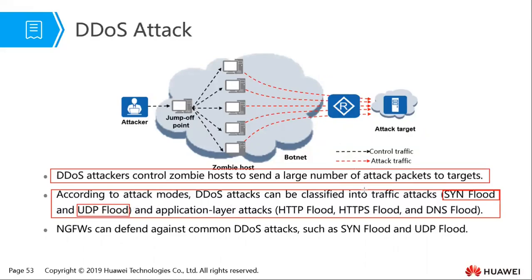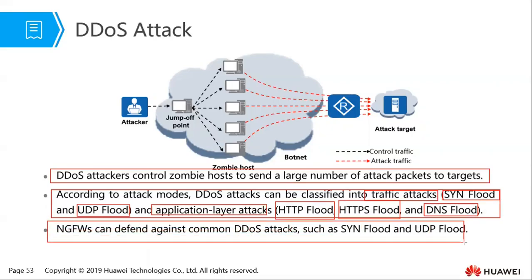Other than traffic attacks, we also have application layer attacks, where they use an application like the browser to send HTTP floods, HTTPS floods, or even DNS floods. The good thing is that next generation firewalls can defend against common DDoS attacks, such as SYN flood, UDP flood, etc.